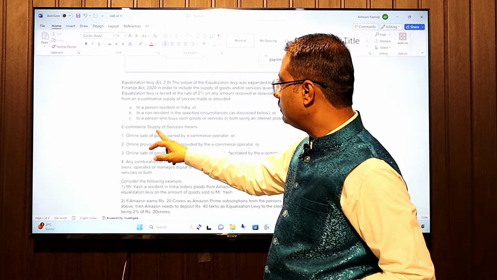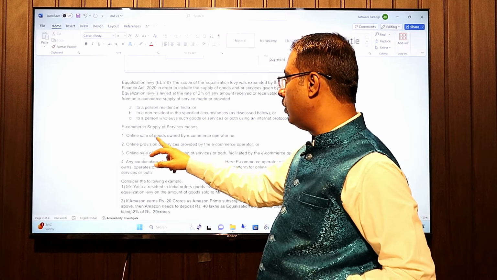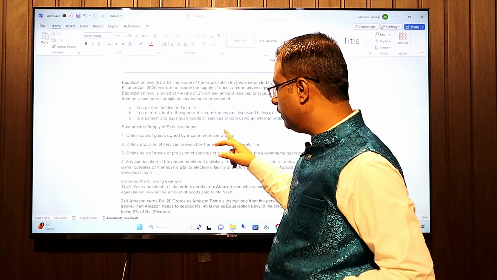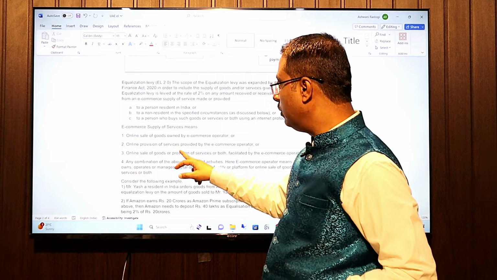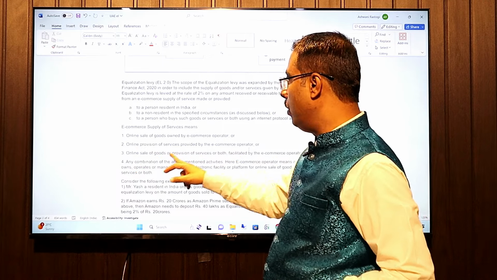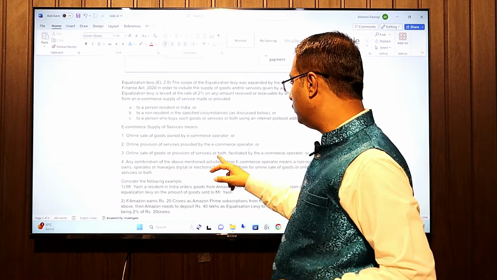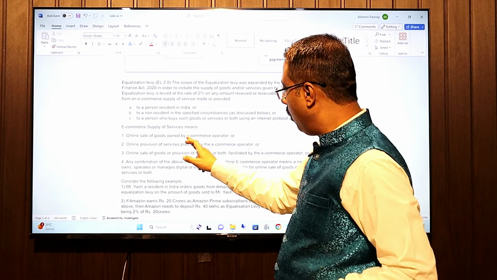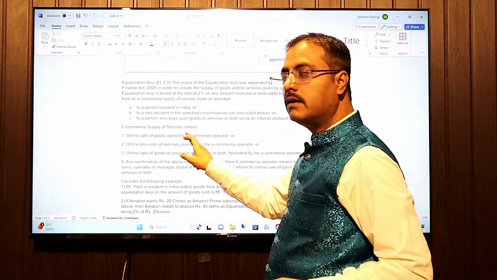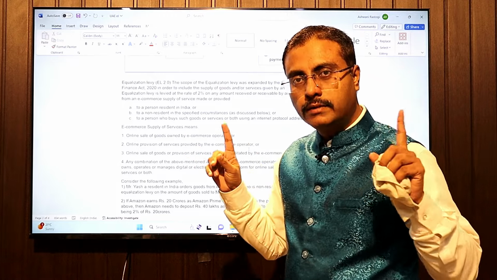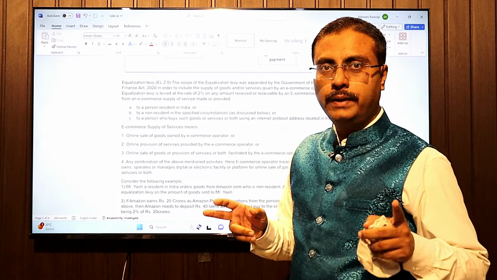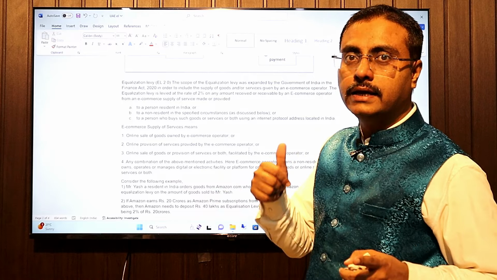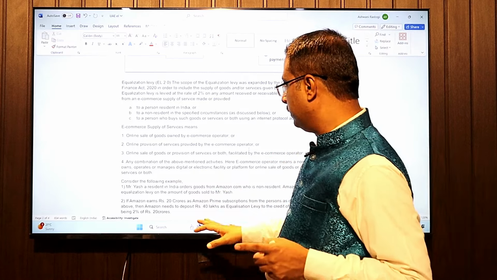So e-commerce supply of services means online sale of goods, that is covered by Amazon, online provision of service, that is covered by Facebook, online sale of goods or provision of services, or both, facilitated by the e-commerce operator. You see, in all cases the e-commerce operator is covered. So once it is an e-commerce operator, we need to pay 2% equalization levy by the e-commerce operator, right?